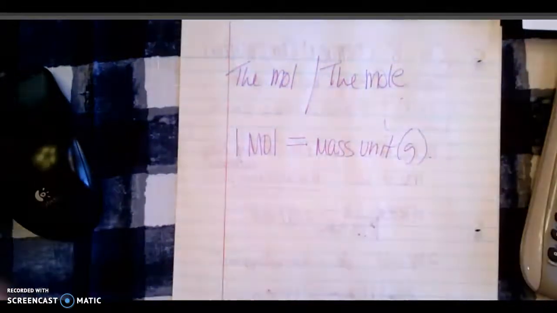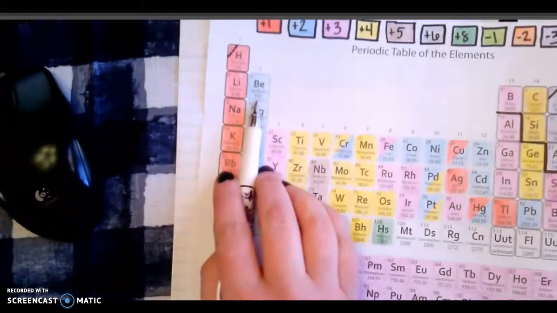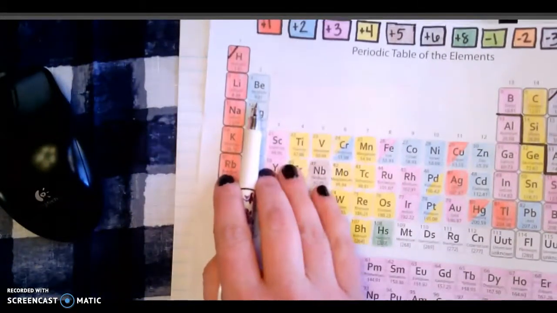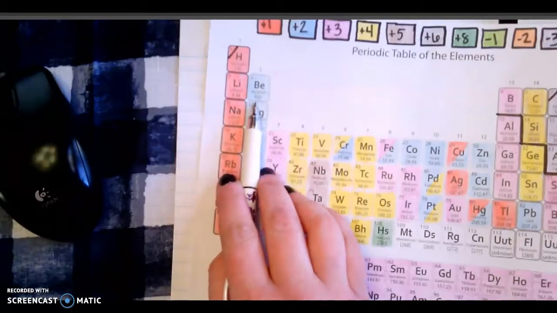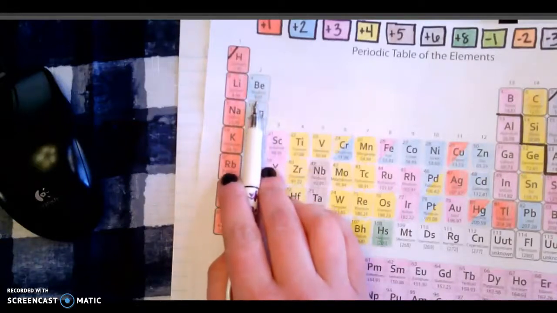If we look at the periodic table here, I have beryllium. 1 atom of beryllium weighs 9.01 atomic mass units. Also, 1 mole of beryllium weighs 9.01 grams.